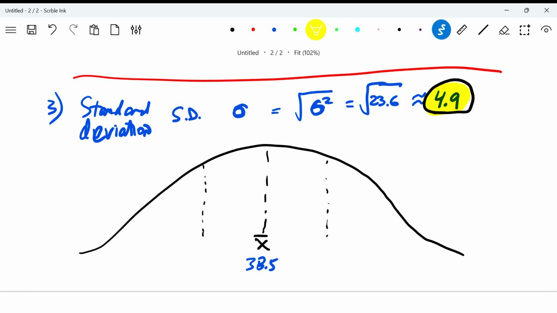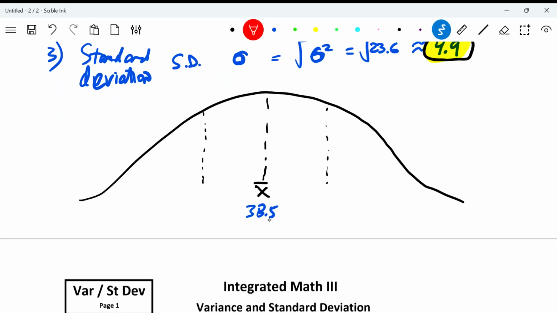You go from 38.5 plus and minus that. So I'm going to add 4.9, and I'm going to subtract 4.9. That gives me 43.4 and 33.6.